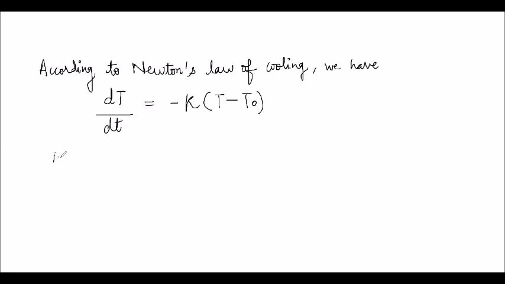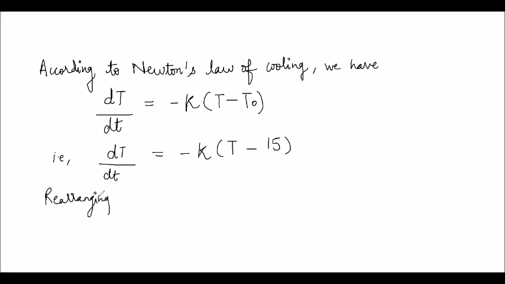So that is dT by dt equals minus K times T minus T naught. Let us put here the value of T naught: the room temperature is 15 degree centigrade. Let us separate the variables.